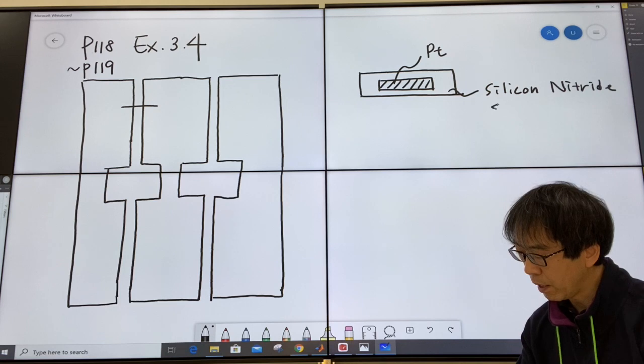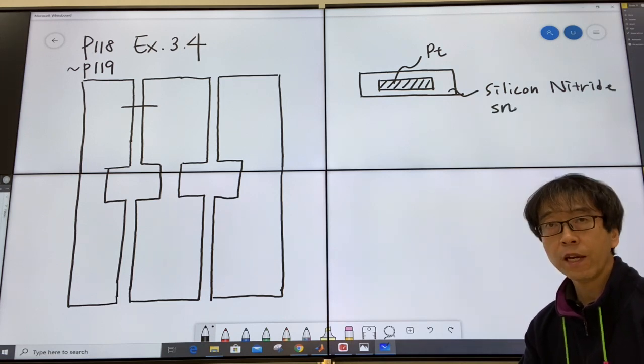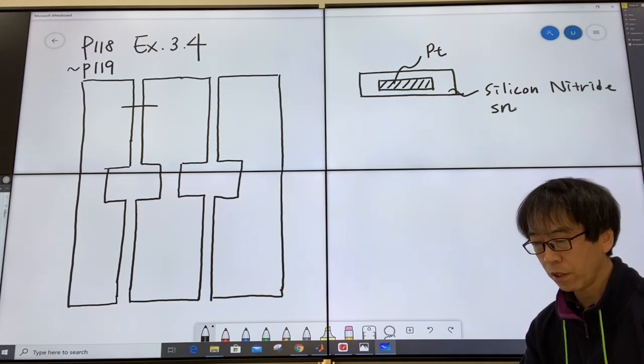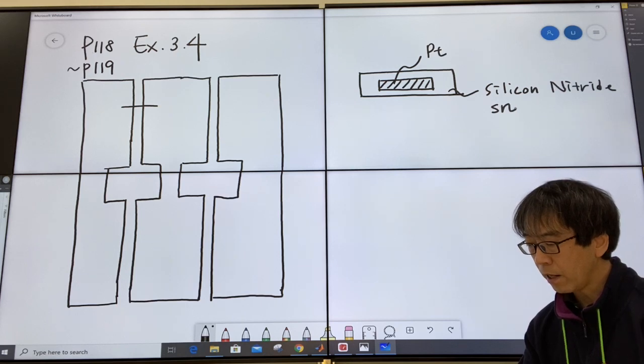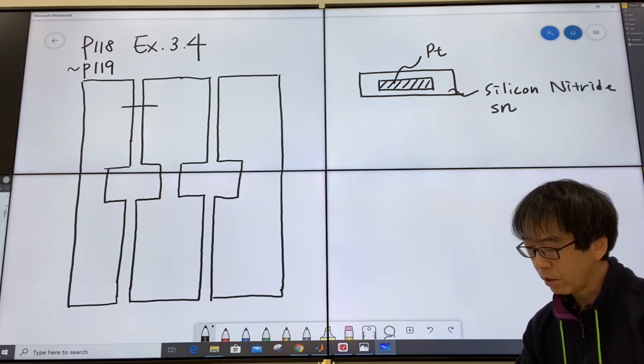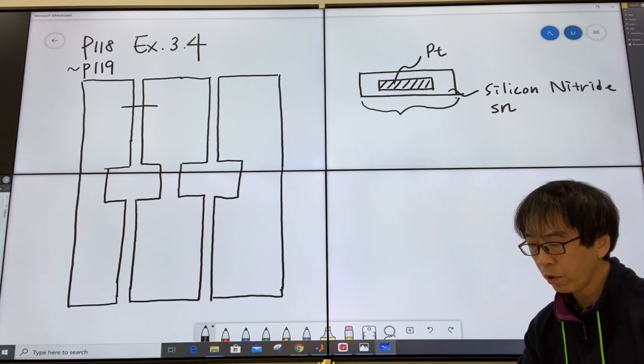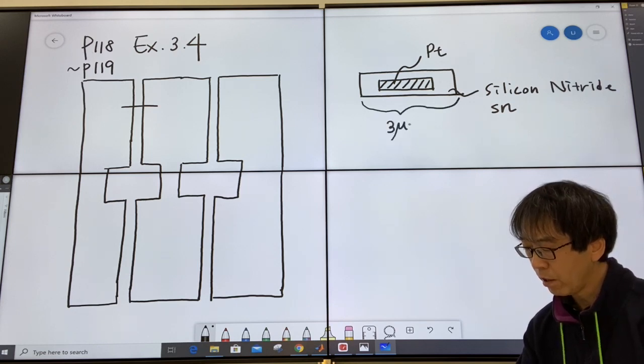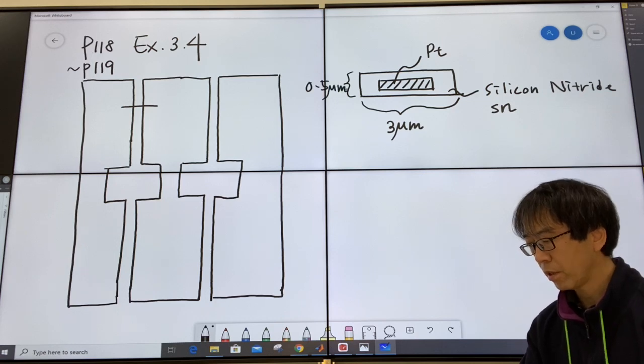I'm going to use SN to stand for the silicon nitride structure, right? And the size is amazing. This is really small. This size is only 3 microns, and the thickness is 0.5 microns.